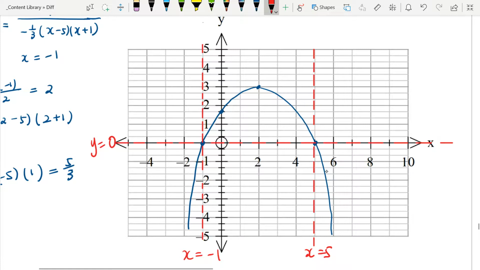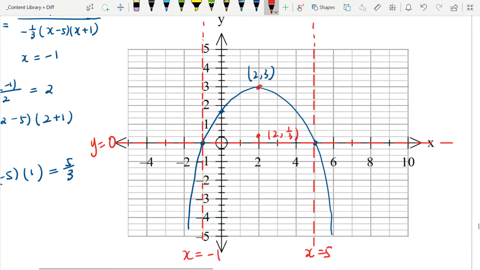Just as I said, the maximum turning point will become the minimum turning point. The coordinates here is 2, 3. So if it becomes the minimum, what must the coordinates be? 2 and 1/3, which is here. And that becomes minimum.